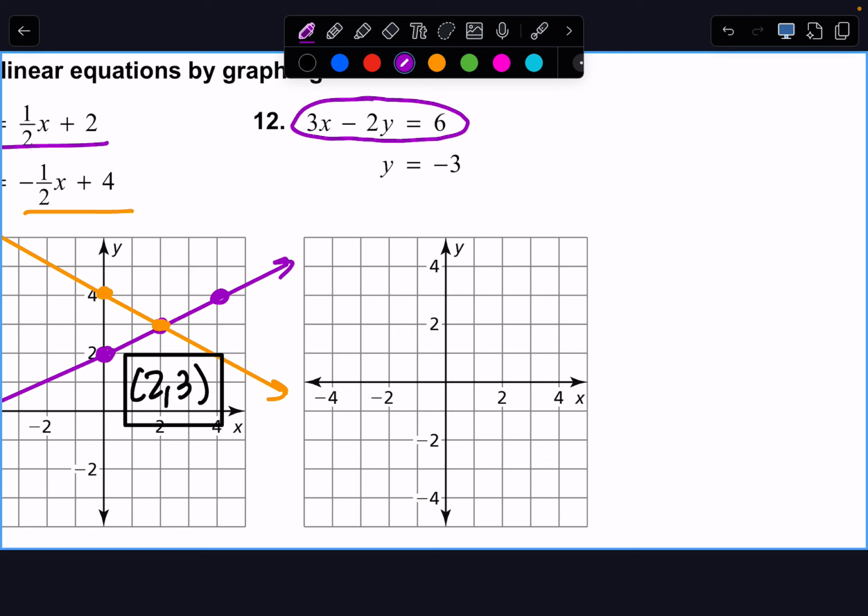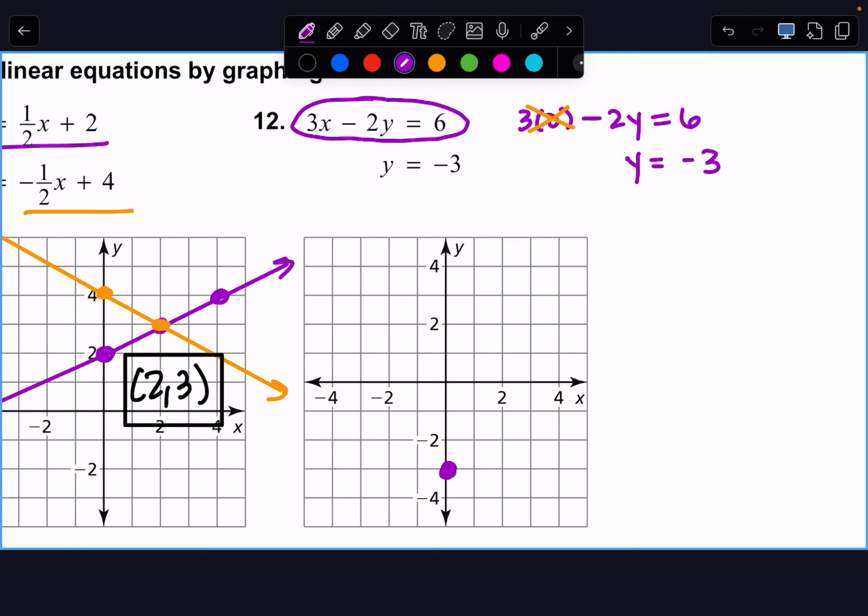If it's in standard form, what's the other way that we know how to graph these? X and y intercepts. We can plug 0 in for x. What's 3 times 0? 0. So our y-intercept is -3.